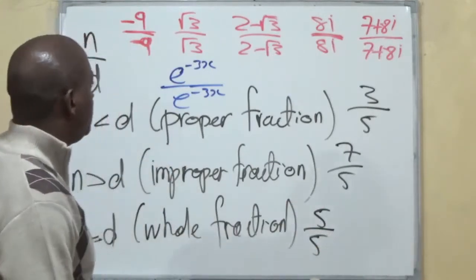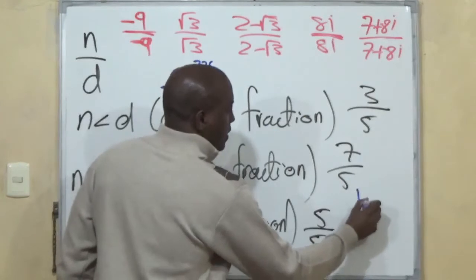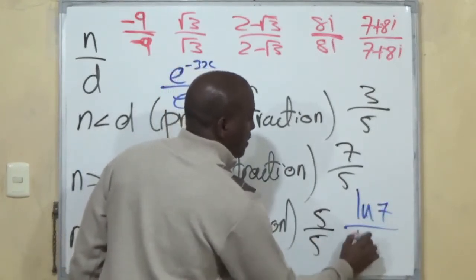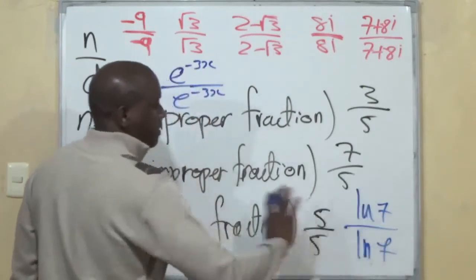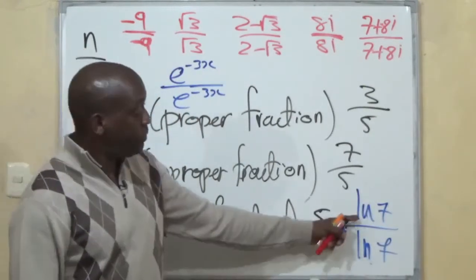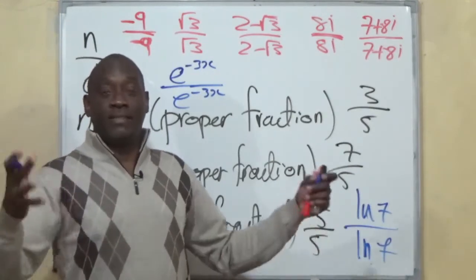How about logs? We could do the same thing with logs. If we say ln 7 over ln 7, log to the base e, of course. Same story, numerator over denominator, etc.